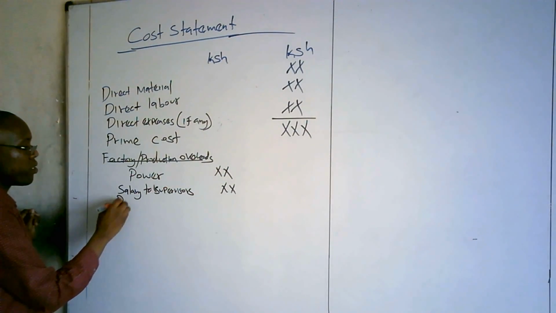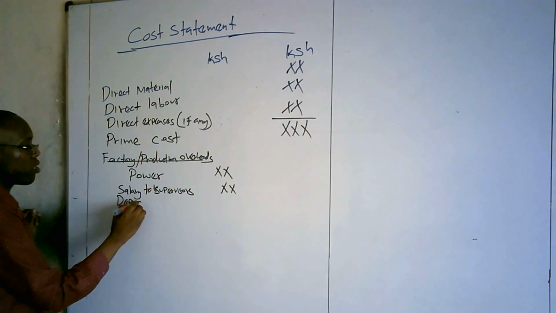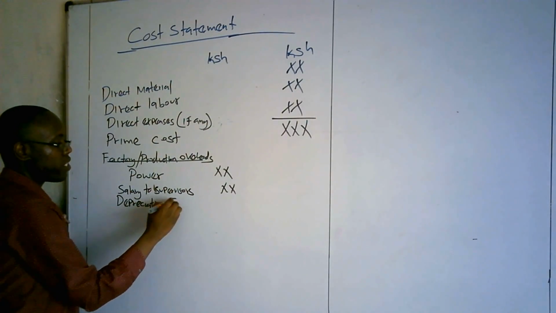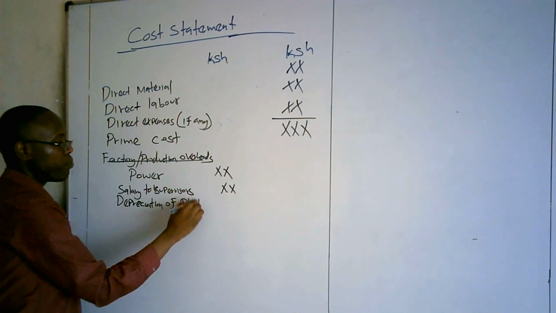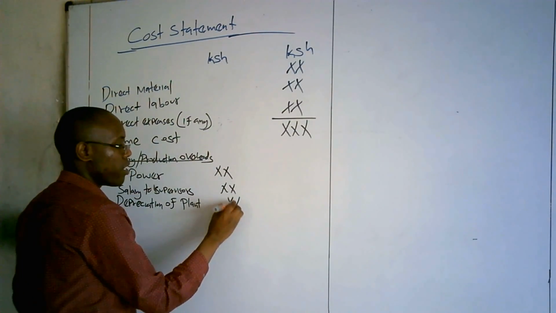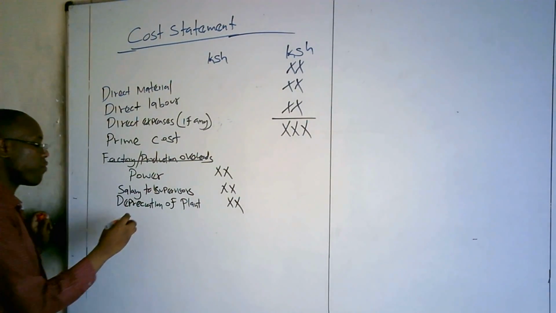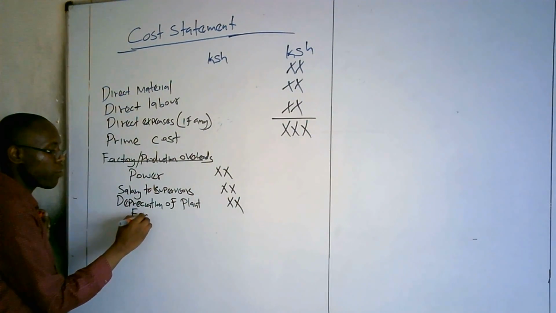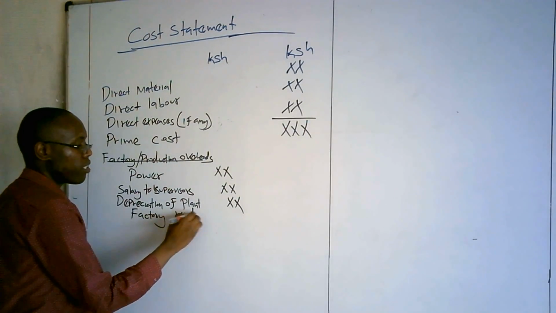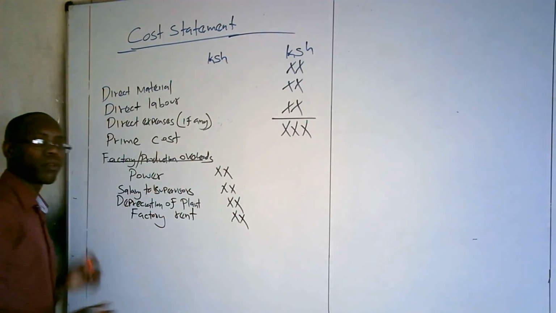You can have depreciation of plant. The depreciation of the plant will also be captured here. We can also have the factory rent. We are going to be given the factory rent, and that rent for the factory is also going to be captured there.